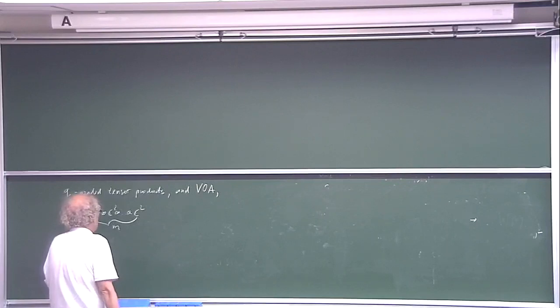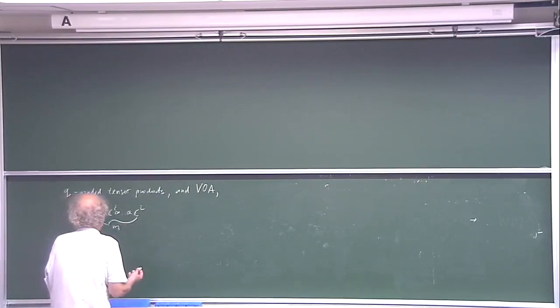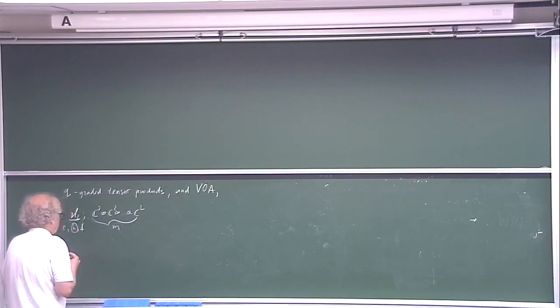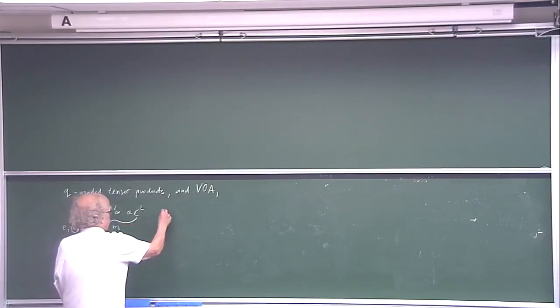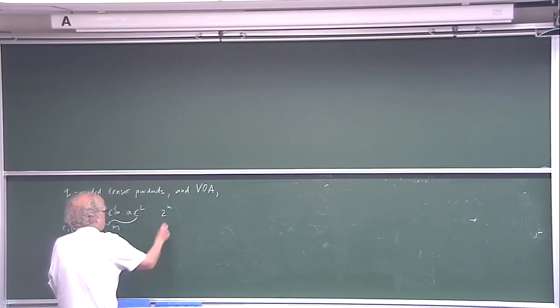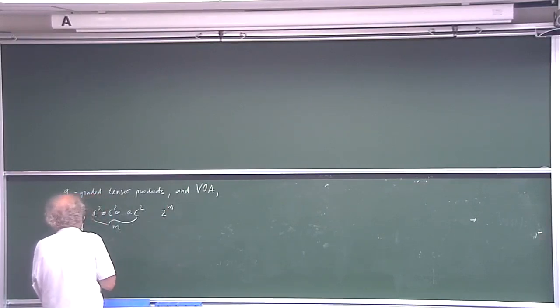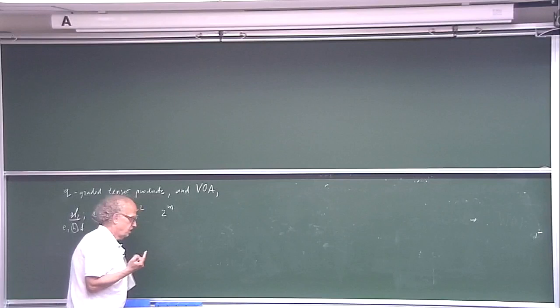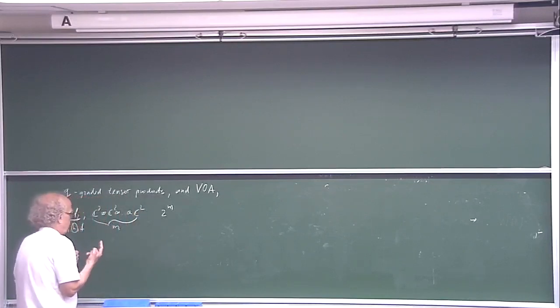Surely I can decompose it, but I can consider it even before decomposition. I have here operators E, H, and F. Operator H gives us some grading, and the dimension of this is 2 to the power n, and the dimension of a grading component is a binomial coefficient.